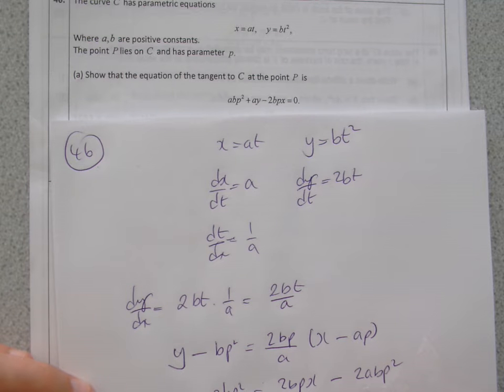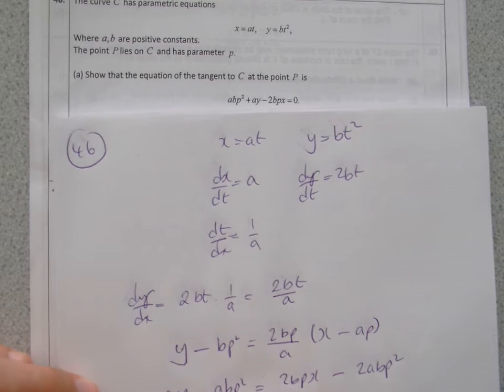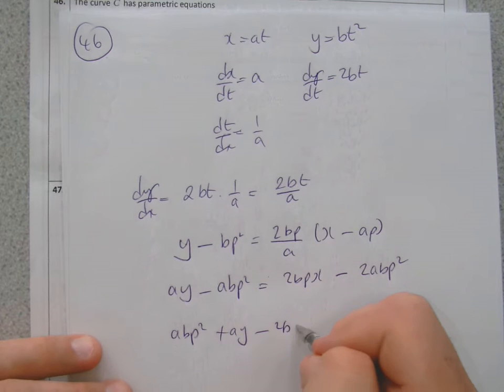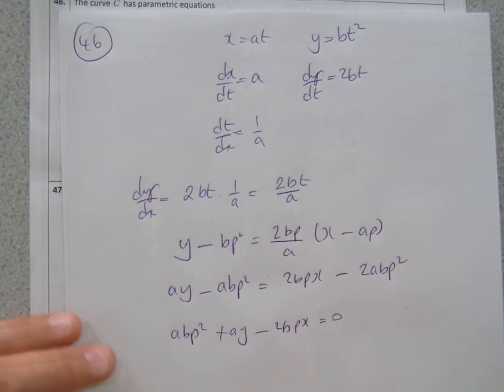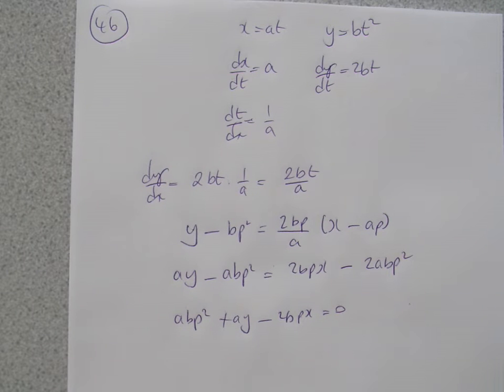Now you should take everything over to the right hand side and you should get what they want, abp squared plus ay minus 2bpx equals 0. Okay, so we've got exactly what we're looking for.